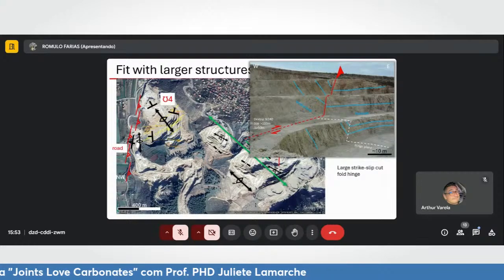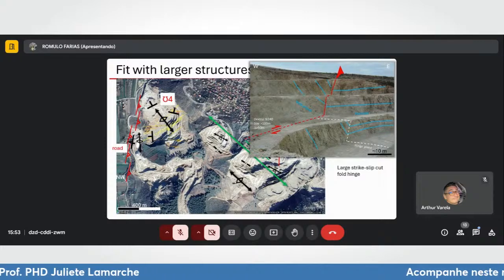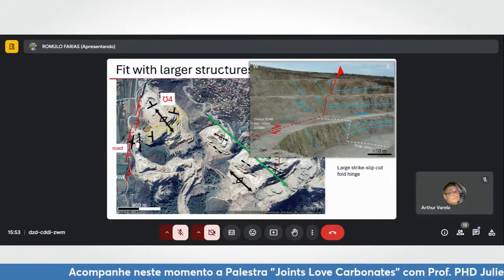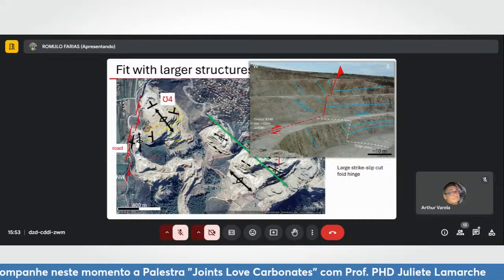We saw also that there are huge strike-slip faults. This is this one that cuts the fold. We have here the hinge, and the fold is cut by faults with more than 200 meters of displacement.